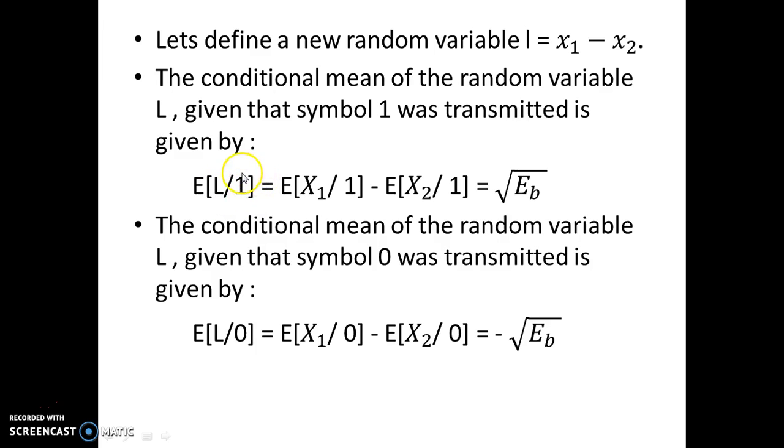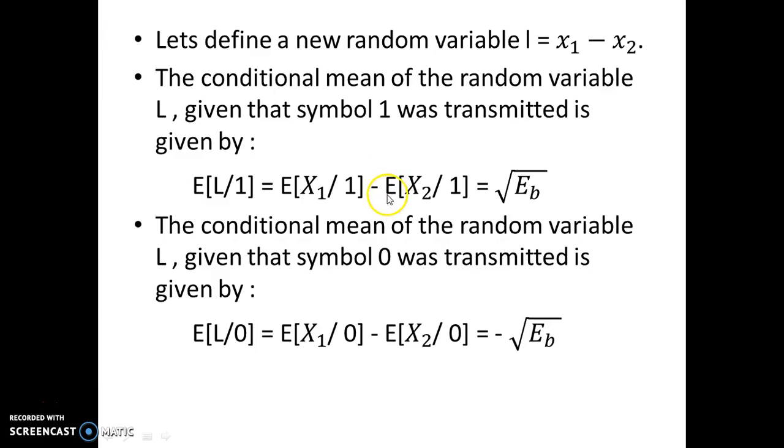We know that if 1 is transmitted, then x1 will have the correlator output root EB, while x2 will be 0 at that time. But due to the addition of noise from the channel, x2 will not be definitely 0, it will contain noise.